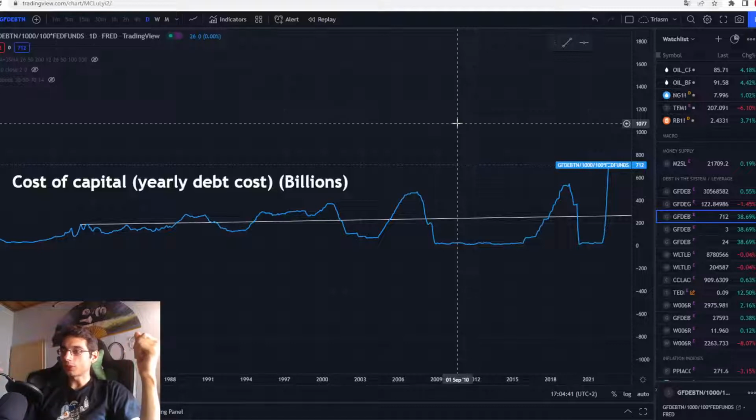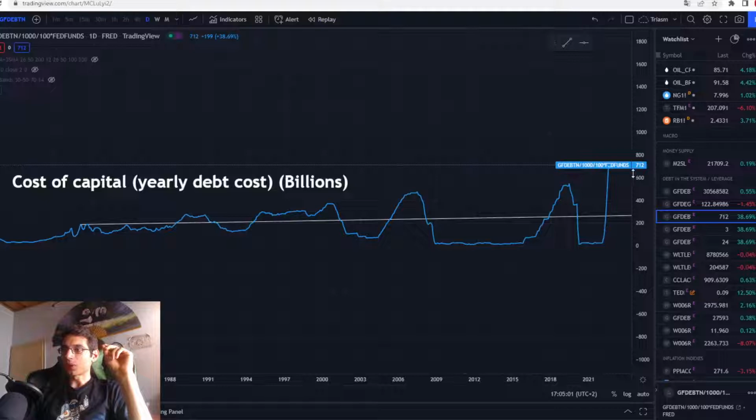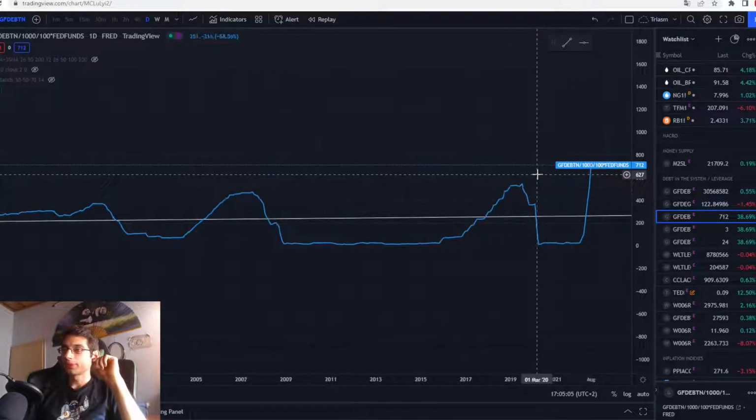It's like going to buy something, but before you can buy it, you have to pay a tax. It's unbelievable. You go to the grocery store, it's like $20, and then you can buy. $720 billion every year just to have your debt.